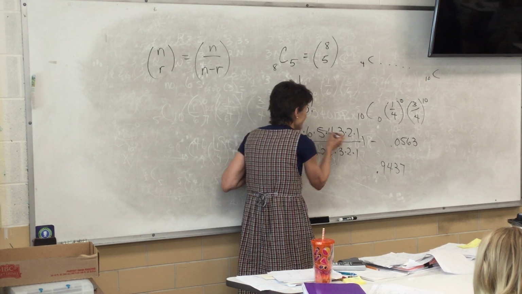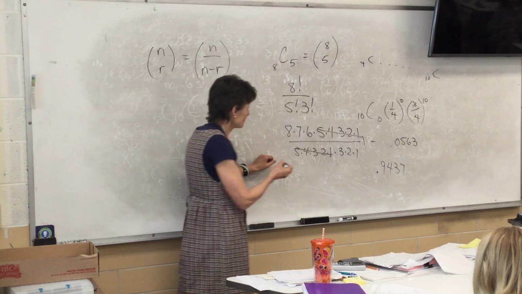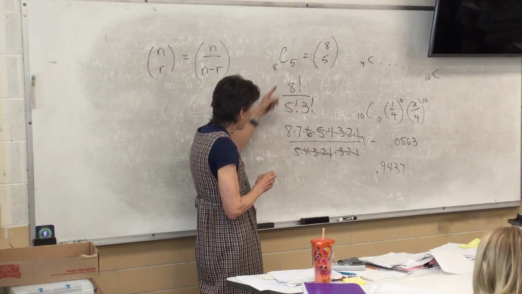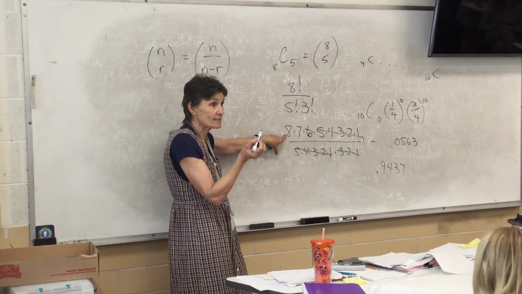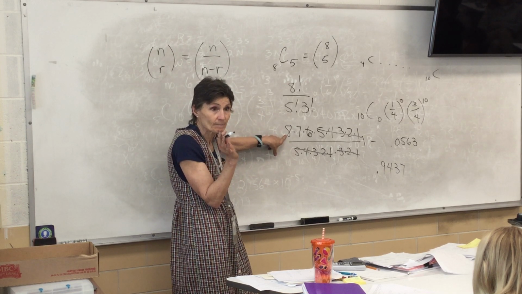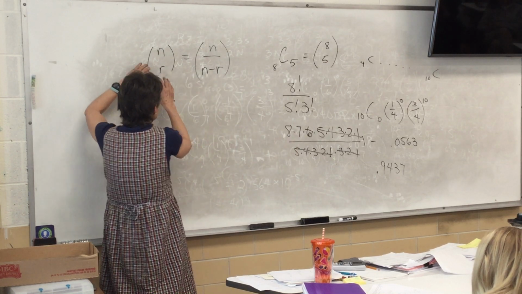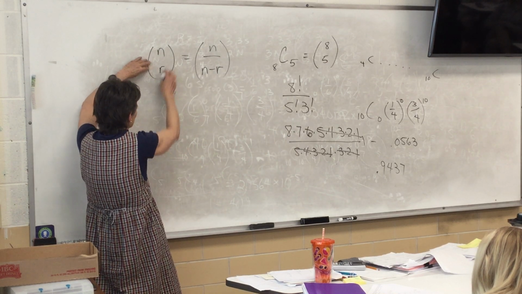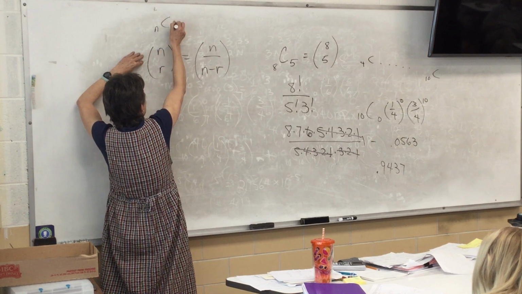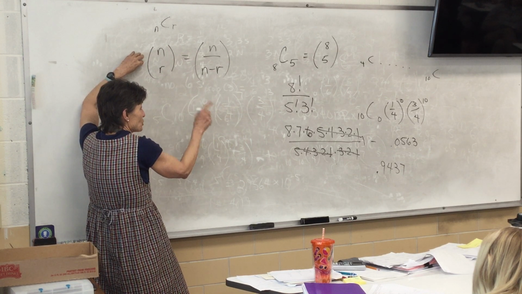But this wasn't bad because a bunch cancels out. 3, 2, 1 makes a 6. So 8C5, if I typed it on my calculator, would say 56. 8 times 7, that's all that's left. So, applying that to this, just forget that for a minute. This means this. And I just told you.